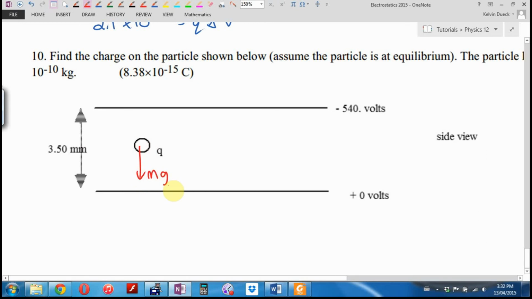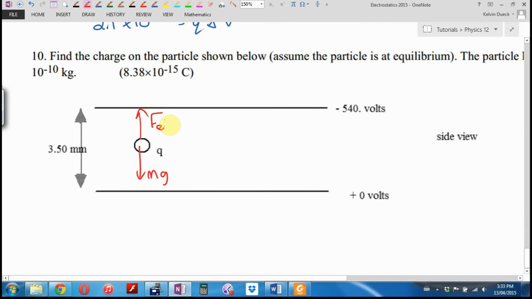For an electron and a proton, remember, an electron's mass is 10 to the negative 31, and a proton's mass is 10 to the negative 27, so small as to be negligible. Here, the mass is 10 to the negative 10; this is an oil droplet or something that has some mass. And I have electric force up. How do I know it's up?